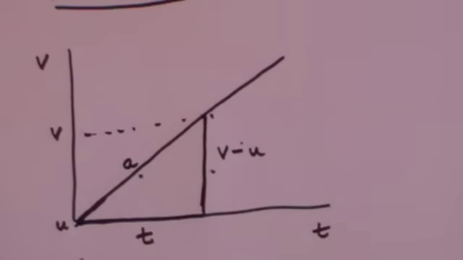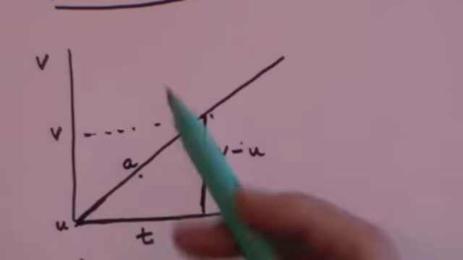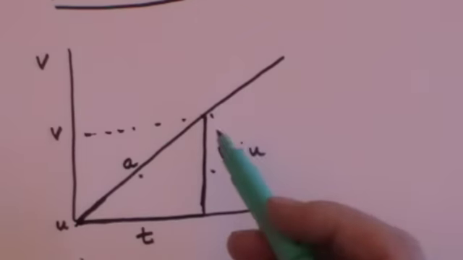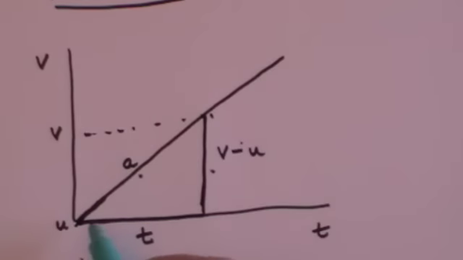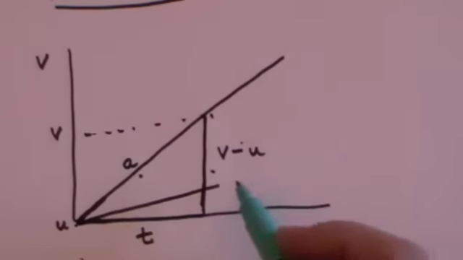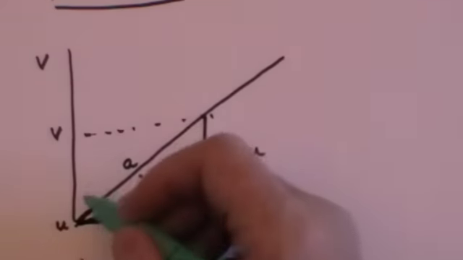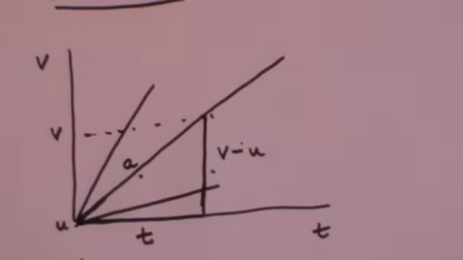Remember, in the distance time chart, the slope was velocity. In a velocity time chart, the slope is acceleration. And once again, the shallower the slope, the smaller the acceleration, the larger the slope, the greater the acceleration.